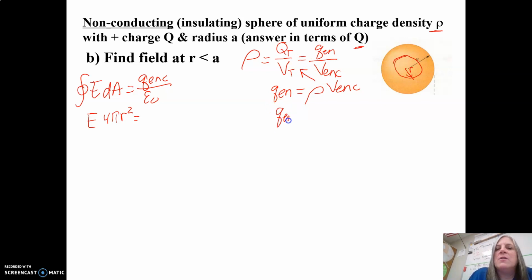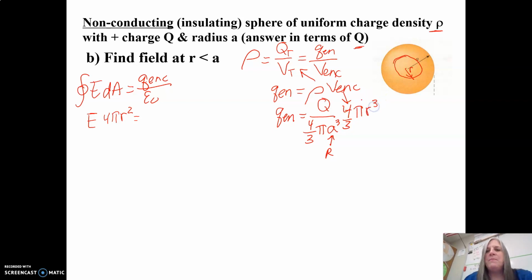So Q enclosed, for the density, is the total charge Q over the total volume, which is going to be 4/3 pi a cubed, where a is the radius on my little picture up here. And that is going to then be multiplied by our volume enclosed, which is going to be 4/3 pi little r cubed.